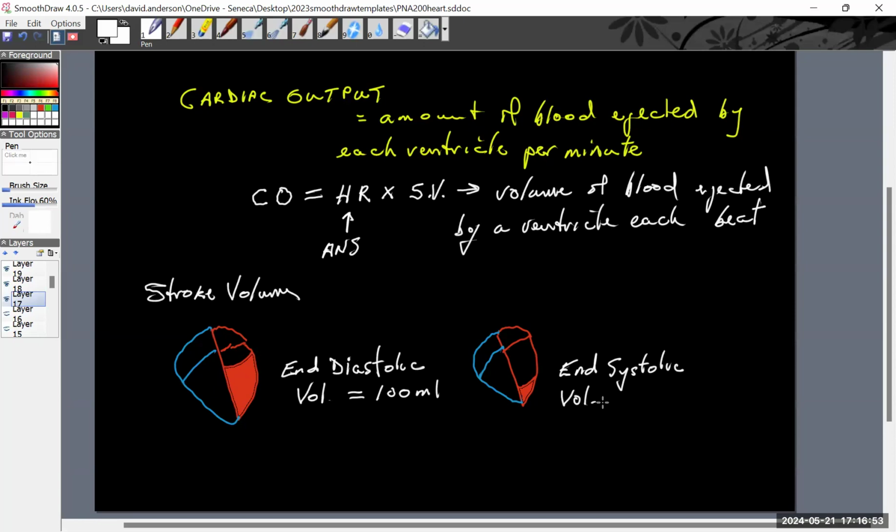So my question, I'll repeat the question, is why doesn't the ventricle eject the entire volume? In our example here, we're using 100 milliliters. Let's eject the whole 100 milliliters with each beat. Do you think that might lead us to a problem?